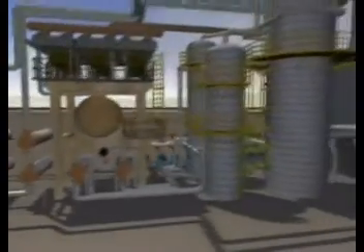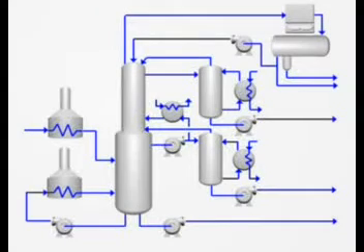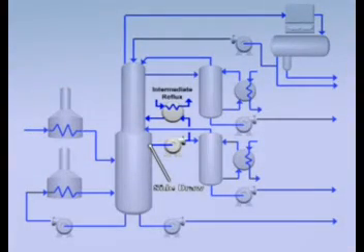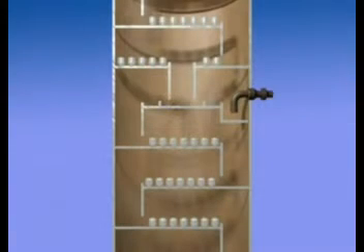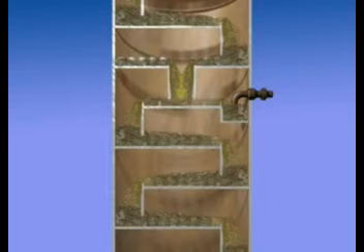When a side withdrawal of liquid is required, the tray designs may be slightly different. In the introduction, we saw a few examples, like the draw for the intermediate reflux and the strippers. This cross-section view of the column shows one possible design. In this tray, fluid will drop down to the tray below in the middle of the tray.